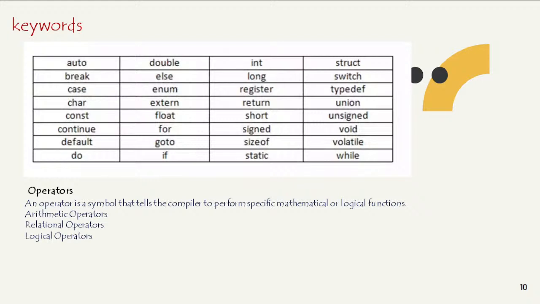The symbol used for logical AND is double ampersand, logical OR is double pipe, and logical NOT is the exclamation symbol. And the logical operators are designed with logical gates: the logical AND gate, OR gate and NOT gate.